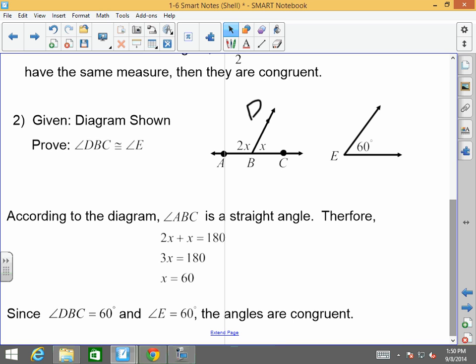If I divide 3 to both sides, I get that x equals 60 degrees. And then you can say, since angle DBC equals 60 degrees and angle E equals 60 degrees, the angles are congruent. If you wanted to make it even better, you could say due to the congruent angle theorem, which states that if 2 angles have the same measure, then they are congruent.